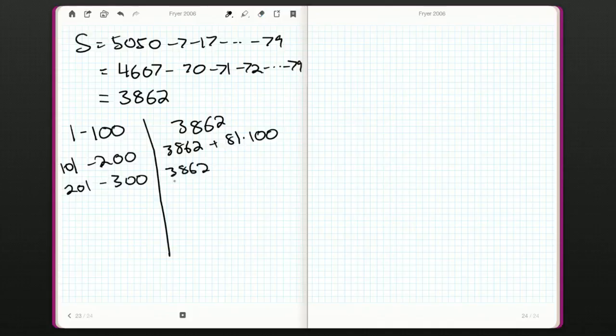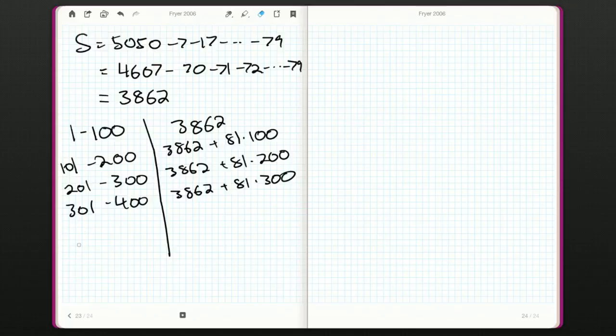So our formula says 3862 plus 81 times 200. 301 to 400, 3862 plus 81 times 300. Okay, we can keep going on like this.